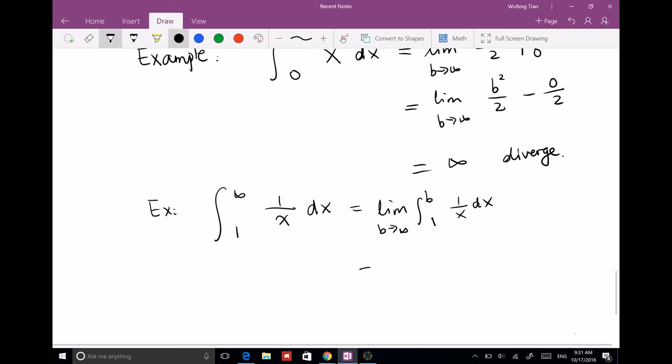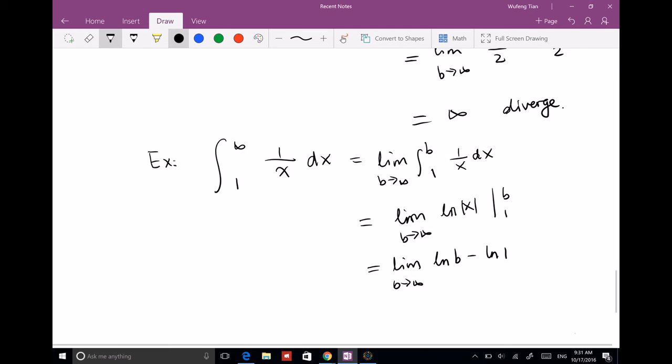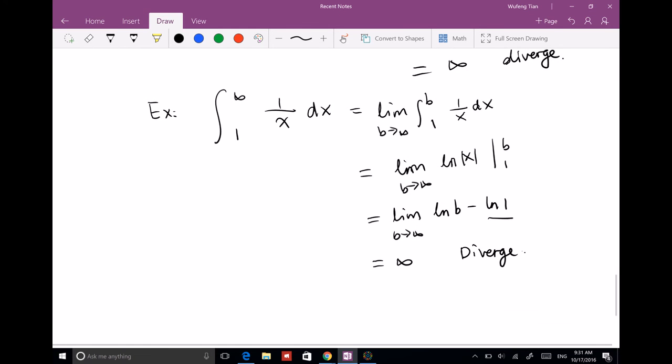The antiderivative is ln x. Plug in 1 and b: the limit as b goes to infinity of ln b minus ln 1. Well, this one goes to infinity because this is 0, this is infinity, and so it diverges. That makes sense, right? Okay.